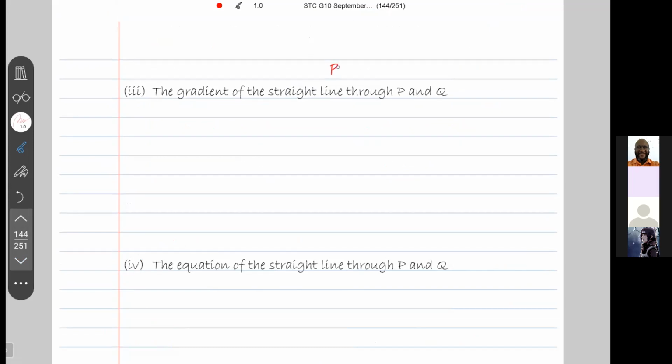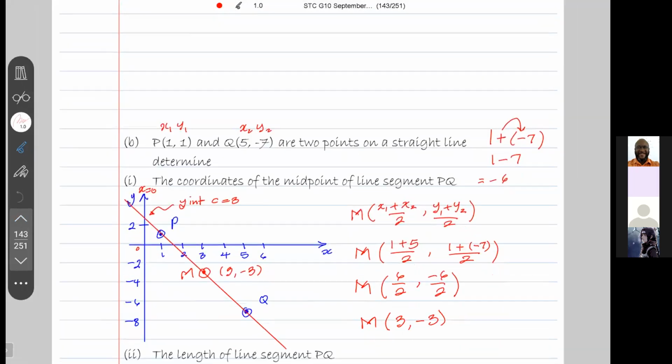P is (1, 1) and Q is (5, -7), x1, y1, x2, y2. Oh, we did gradient already. Yeah, we did gradient already. Y'all didn't see I was making a mistake.